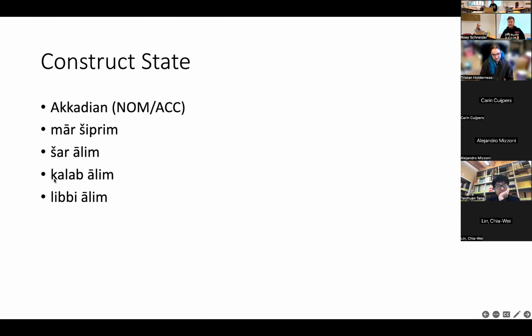In shar and in kalab, we can see weird things. This form should have been sharrum, right, in the absolute state. But in the construct state, it loses its gemination. But that's not the rule with most geminated words. With words that have a consonant cluster, like kalbum, it changes to kalab.